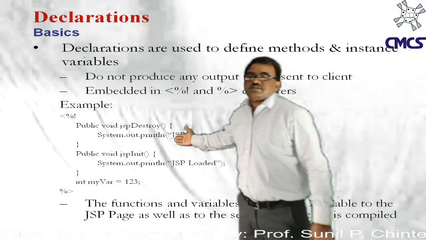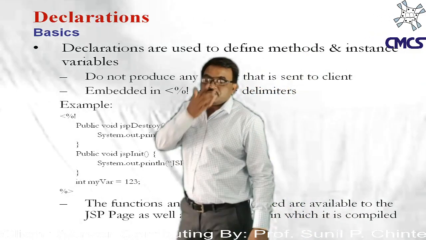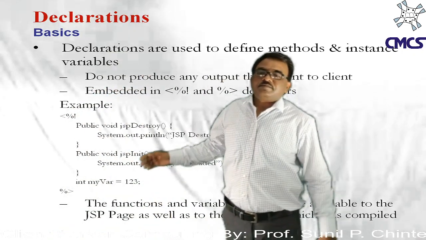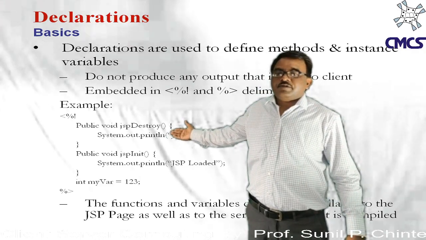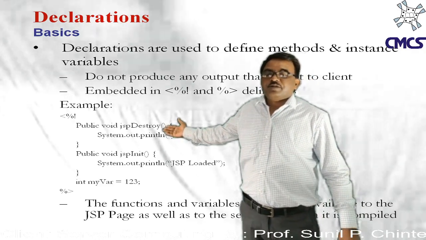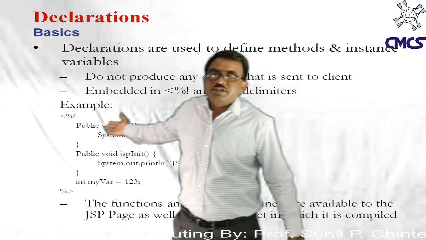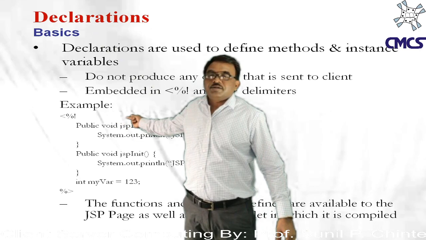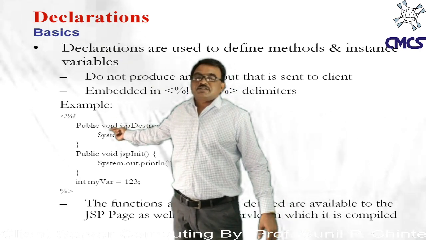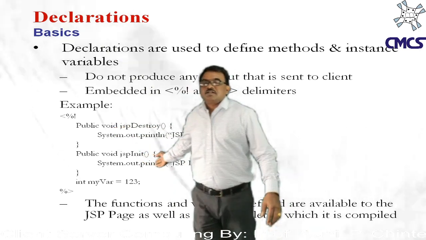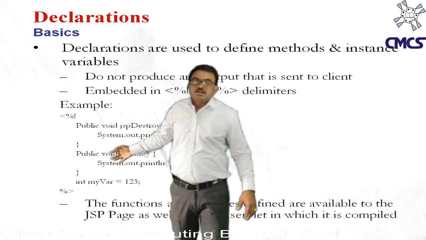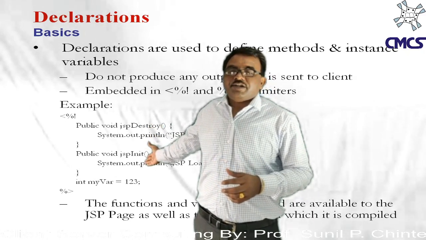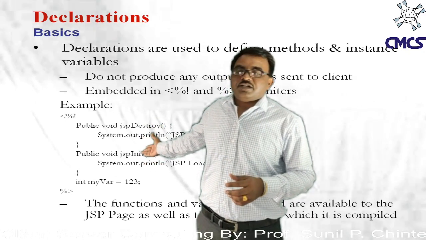Here you can see examples of how we can declare variables and methods. A declaration starts with the opening tag, that is the angle bracket, percent sign and exclamation mark, and ends with the percent sign and angle bracket. Inside that we write all the definitions, functions or declarations.